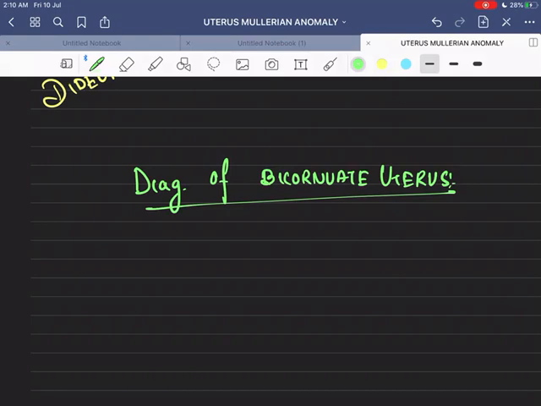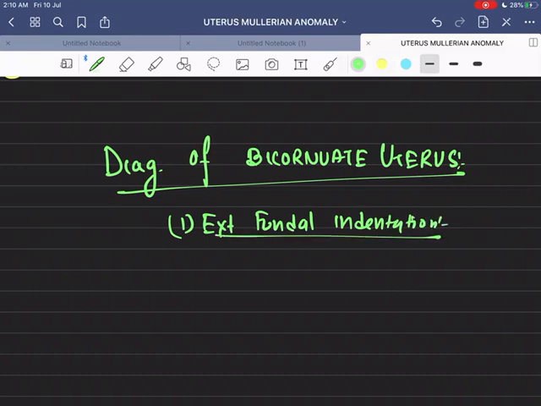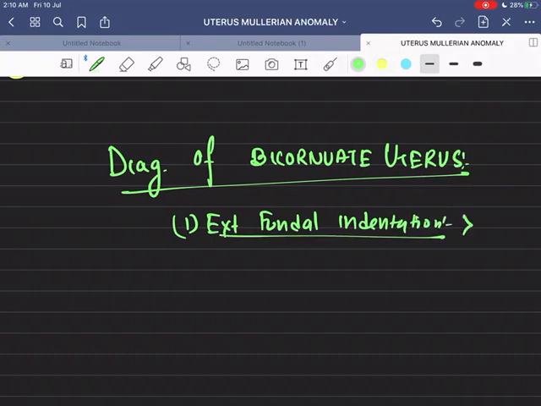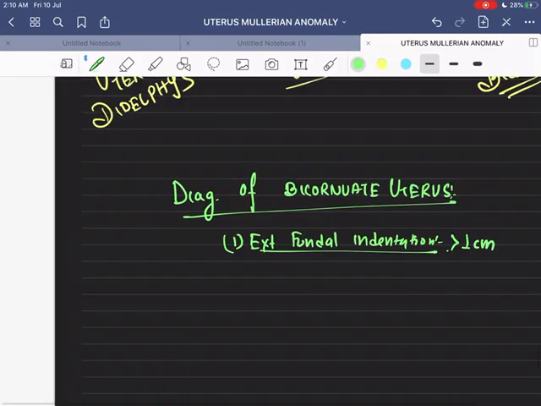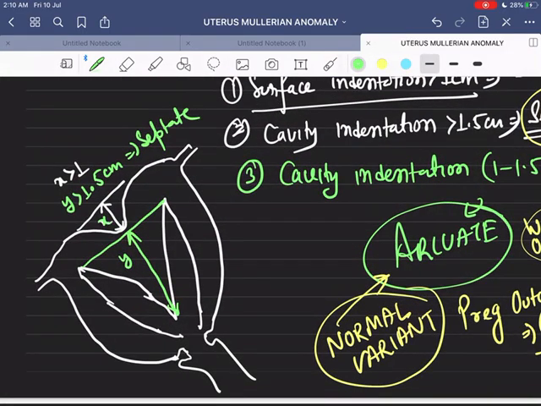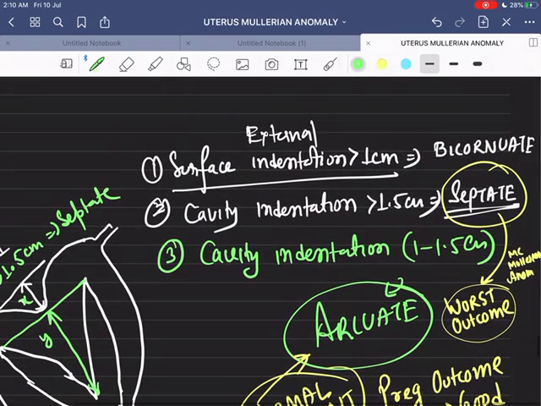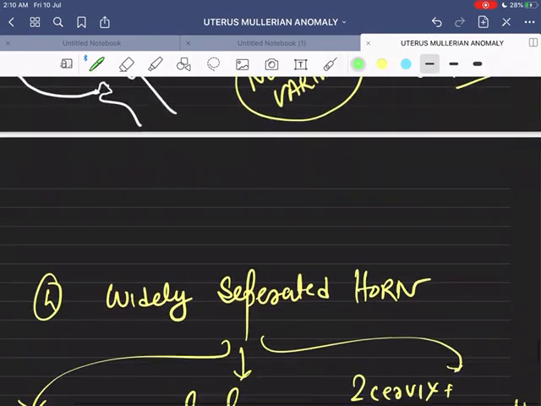The first point is that the external fundal indentation should be greater than 1 centimeter. External fundal indentation means this one, that it should be greater than 1 centimeter in bicornuate uterus.